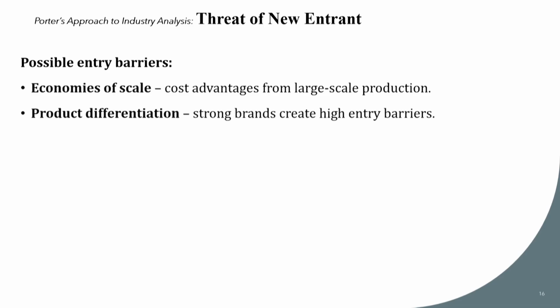Then there is product differentiation. Product differentiation means strong brands create high entry barriers. For example, in the case of toothpaste, well established firms are already there, such as Sensodyne, Colgate, Close-Up, etc. They have created high brand value, so it will be difficult for any new entrant to make a presence in this market, because they have already created high brand value and product differentiation.